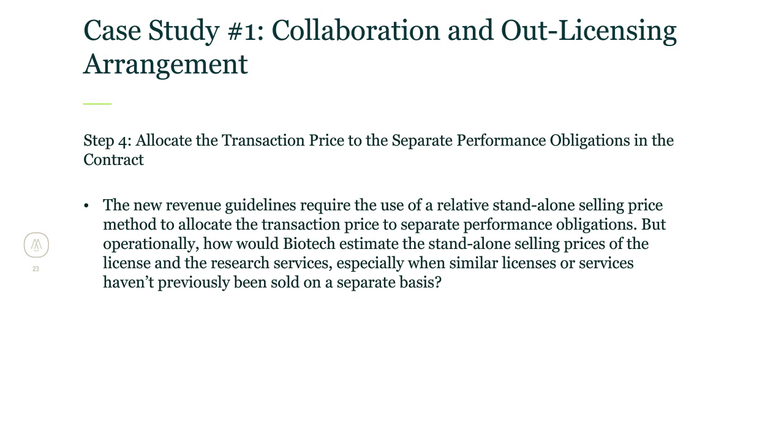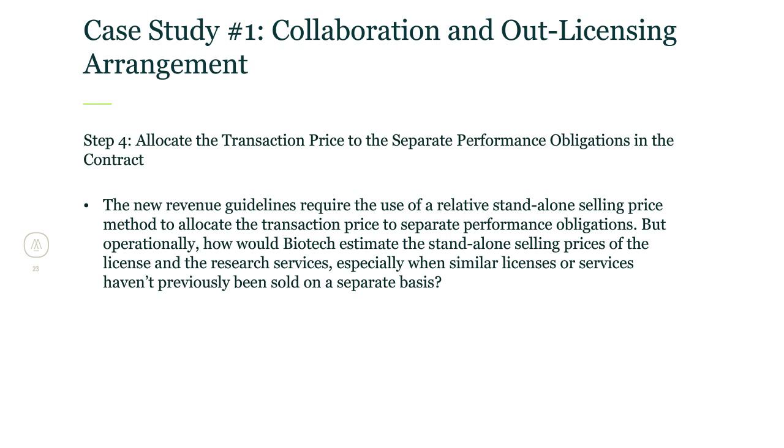So in our example, we have a license. Has the license been sold in a similar situation in the past with other similar customers? R&D services. Has the company also performed R&D services for other customers in the past, or is there a general consensus in the market for what R&D services would cost?